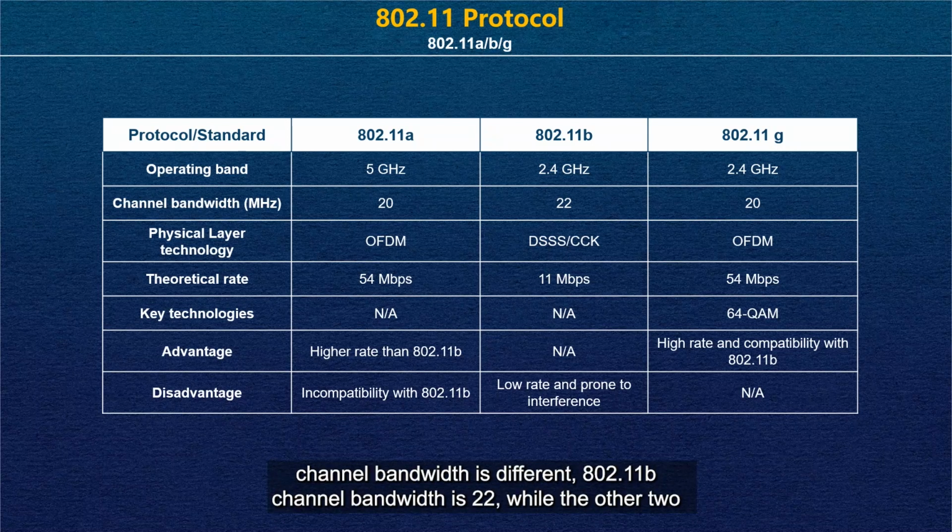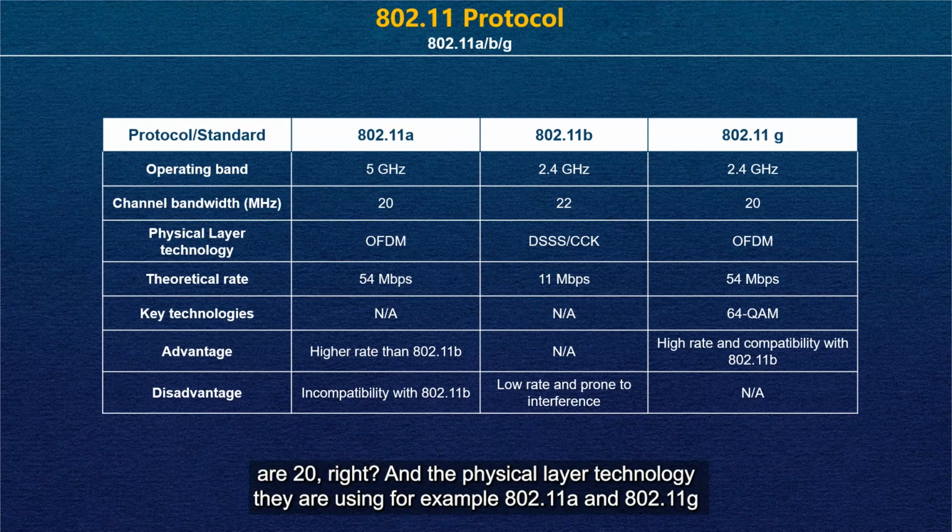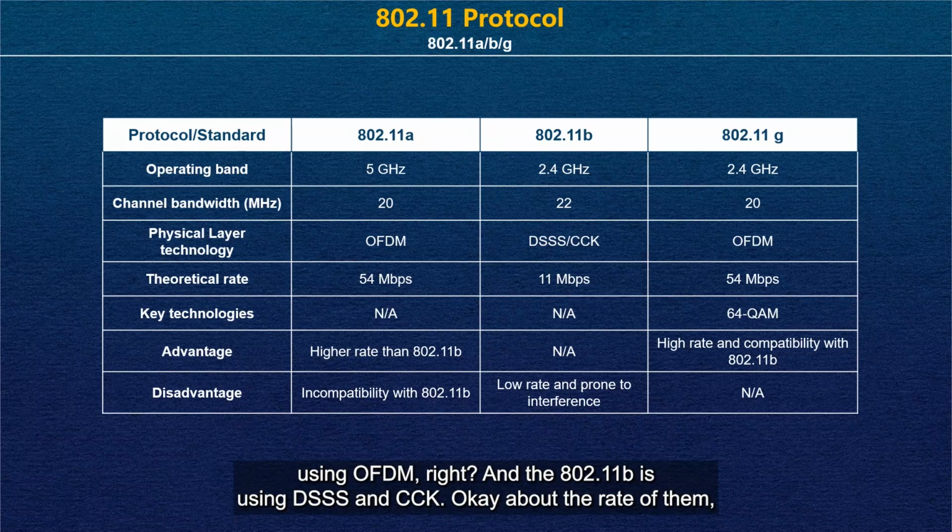The channel bandwidth is different. 802.11b's channel bandwidth is 22 MHz, while the other 2 are 20 MHz, right? And for the physical layer technology, 802.11a and .11g are using OFDM, right? And .11b is using DSSS and CCK.